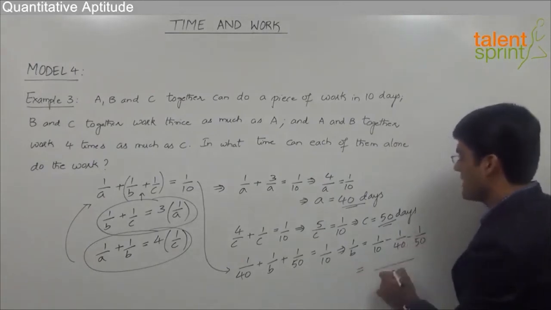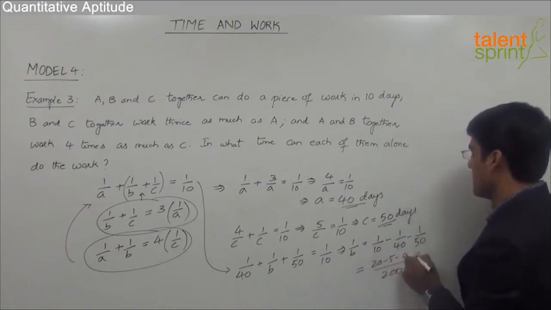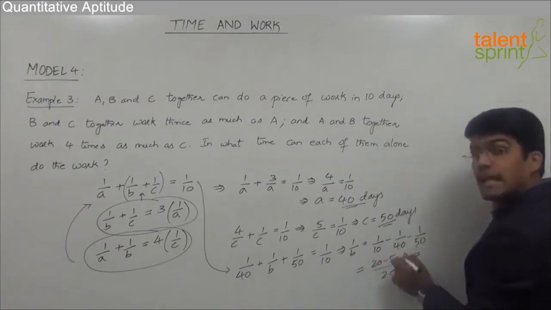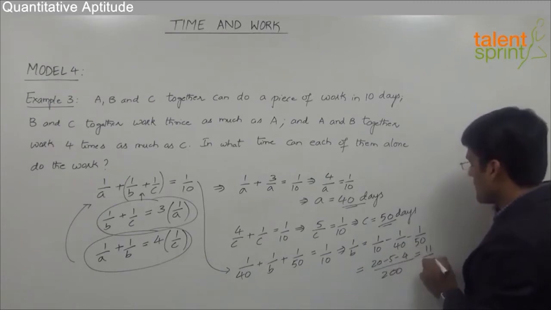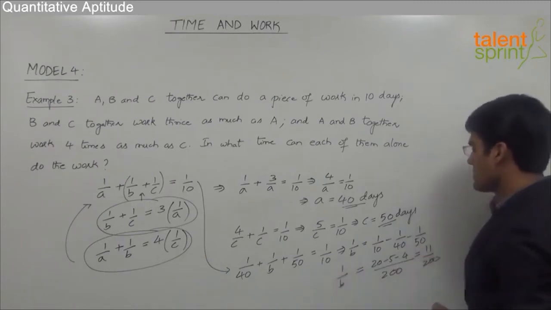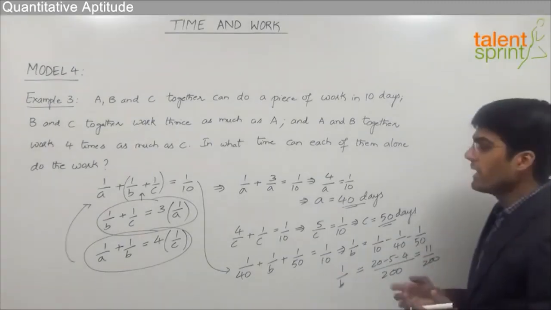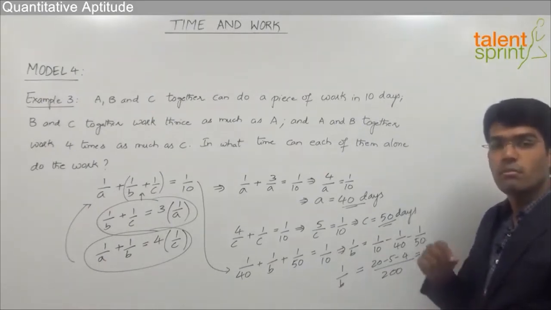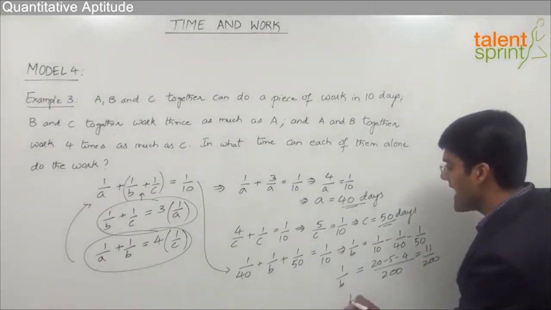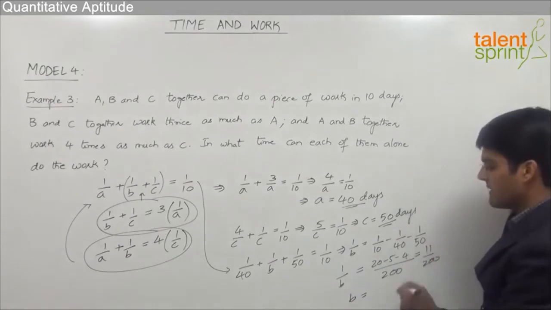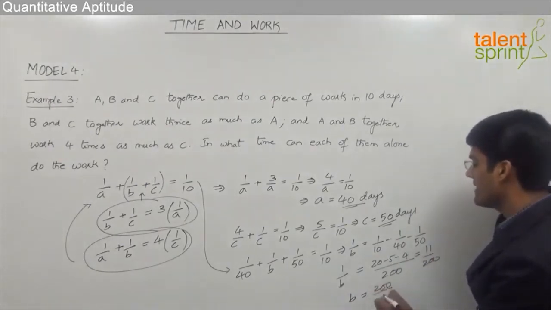By taking 200 as LCM here, we get 20 minus 5 minus 4, which is 20 minus 9, 11/200. So 1/B is equal to 11/200. But we have to find the value of B, that is the number of days taken by B. So B takes the reciprocal of this, that is 200/11 days.